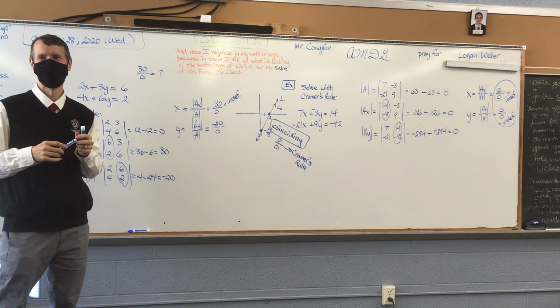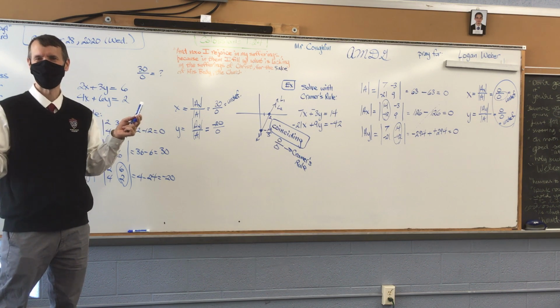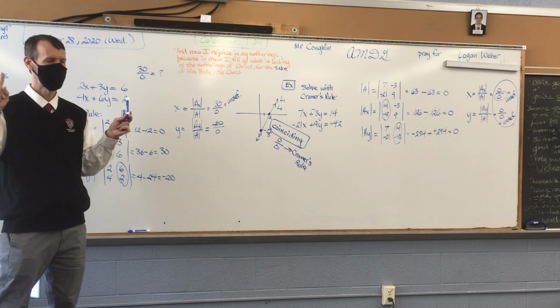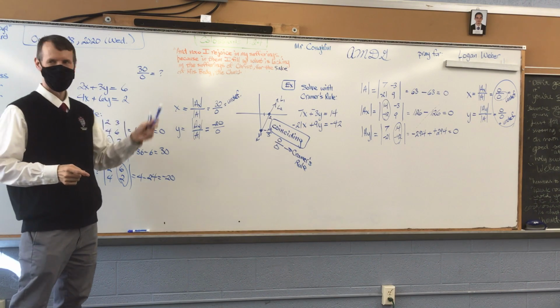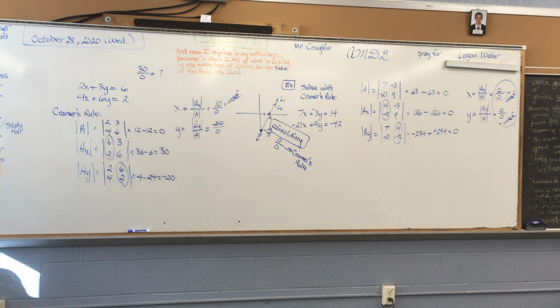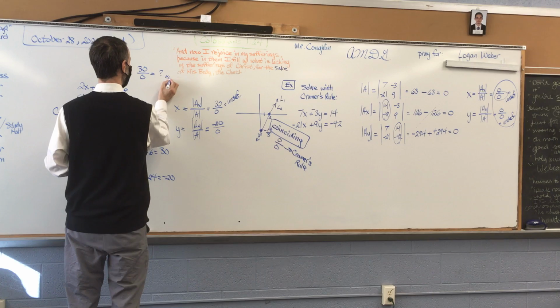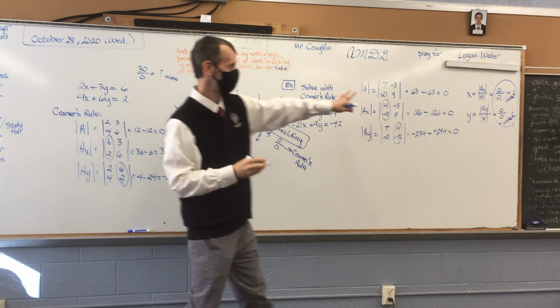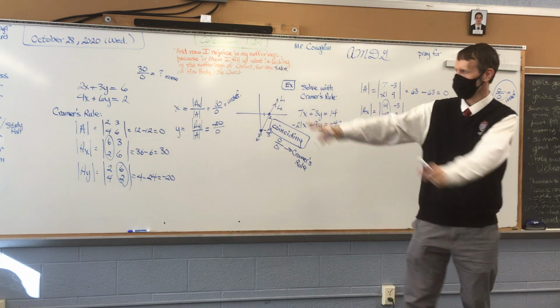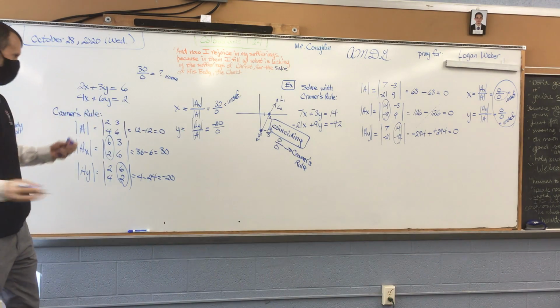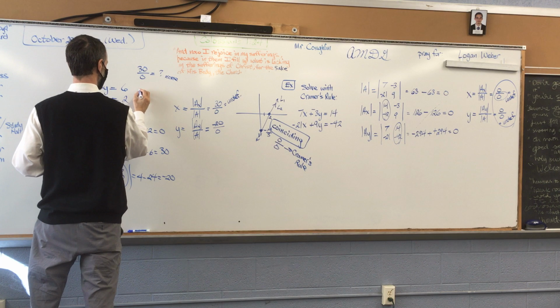Becca, what number times 0 is equal to 30? No number on earth. Correct. None. The earlier problem had too many solutions. This is a problem because there are not enough. Not even one. We're out of luck. And this one is negative 20 over 0. Same problem.